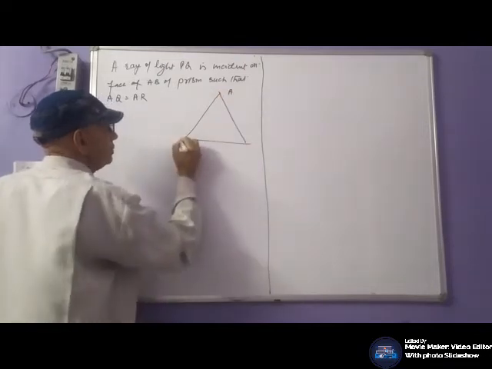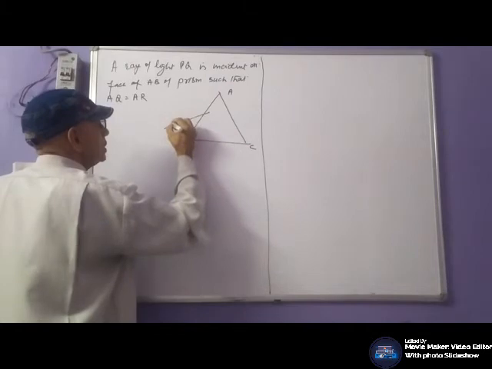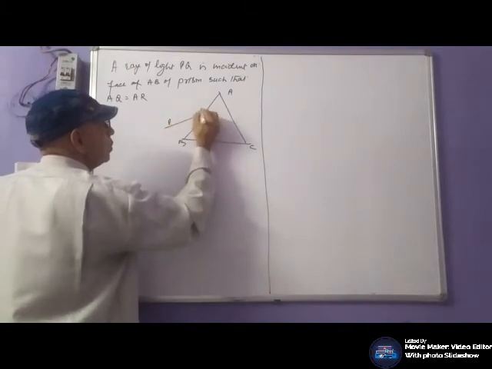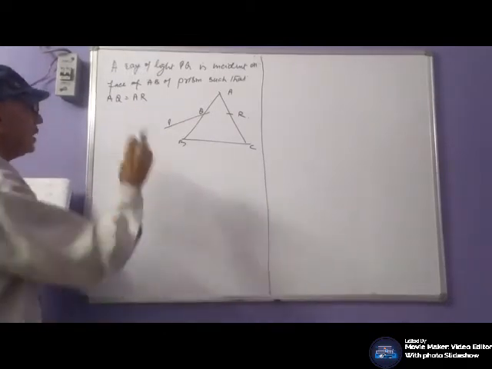This is prism ABC. This is ray PQ. This is point R. AQ is AR.